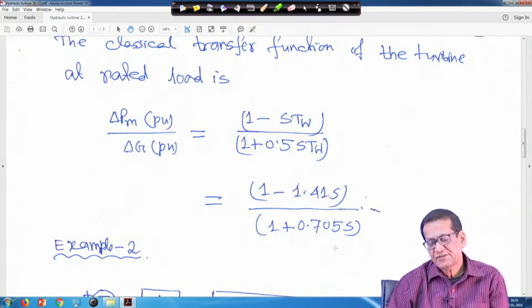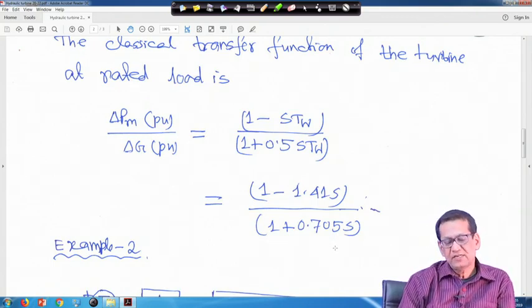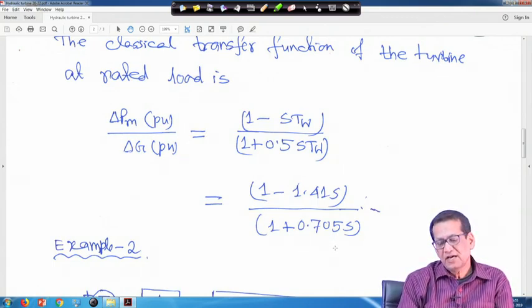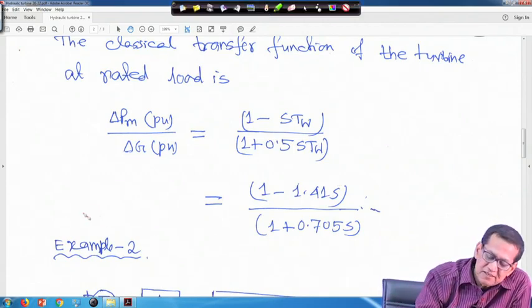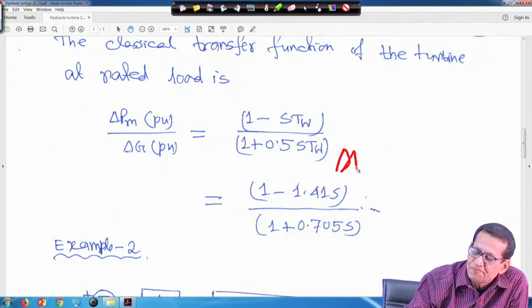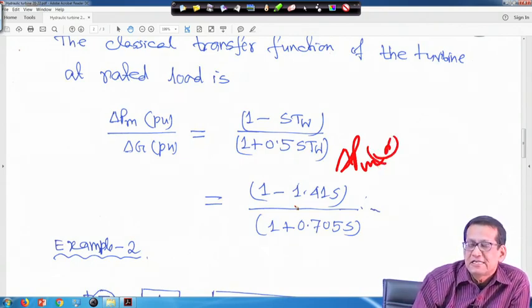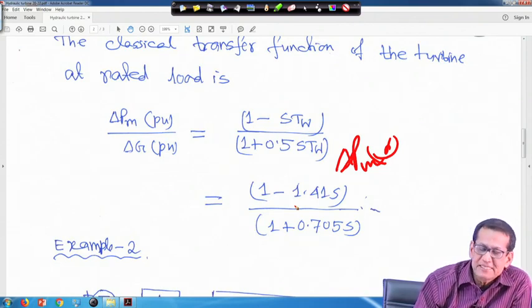In this case, if you try to find out, for a step input, the initial value of delta PM 0, that will be the limit as s tends to infinity, that is t tends to 0. So, s will be cancelled, as we have seen before, only this term will be left.